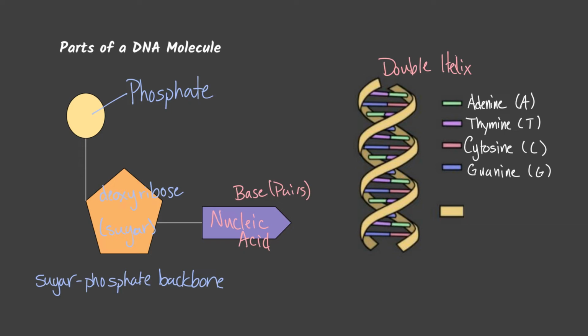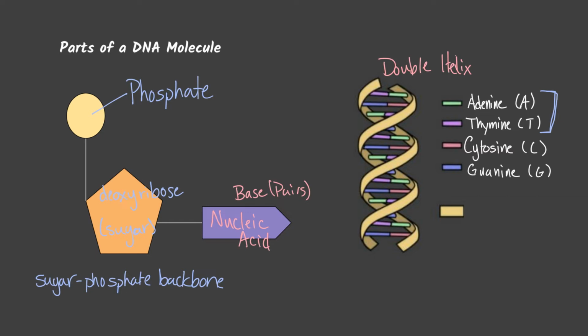And the reason why these nucleic acids, these bases, are so important is because their structure is unique so that they can only bond with one of the other bases. So adenine and thymine can bind together, but adenine cannot bind with cytosine or guanine.